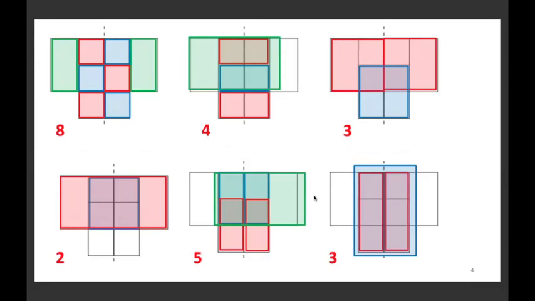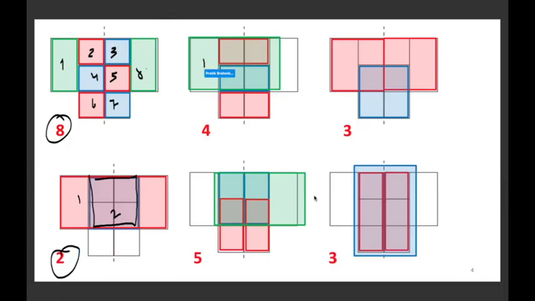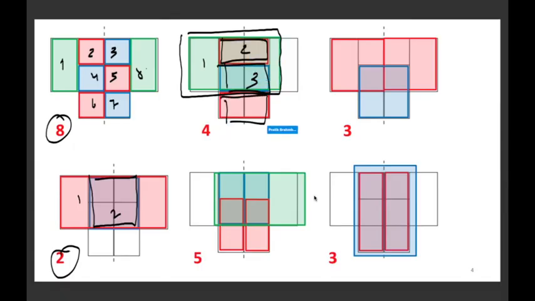So in the first, individual rectangles will be 1, 2, 3, 4, 5, 6, 7, and 8. Then 2 more, 1 here and then 1 the internal one, so 2. Then 1 the bigger rectangle, and then the smaller ones, 2, 3, and 4. And then you have 3 more, 1, 2, and 3.